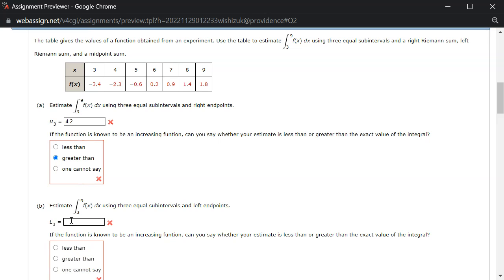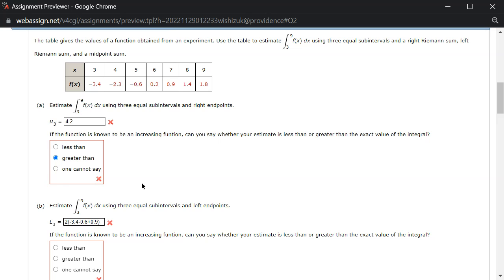The same delta x value, which is 2. So we're going to look at 3, 5, and 7. So it's going to be negative 3.4, minus 0.6, and plus 0.9.